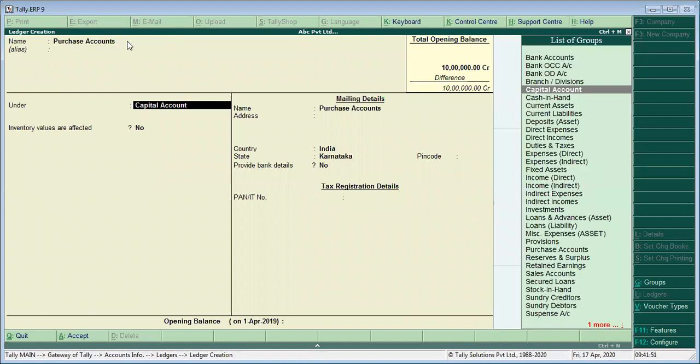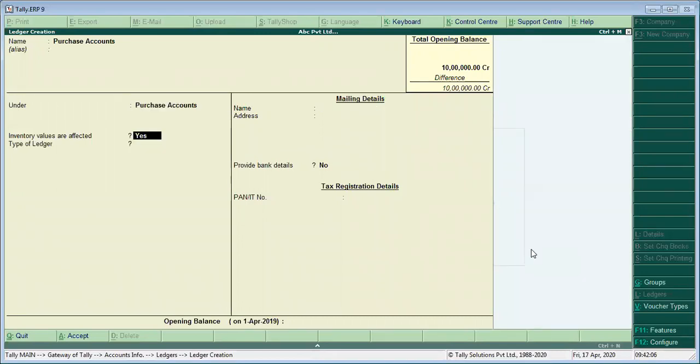Okay, purchase account falls under the groups. The name itself, there is a list of groups which is displayed here. Purchase accounts falls under the purchase accounts group only. So make it as purchase accounts. Clear? Automatically the purchase accounts is going to be affected and inventory values are affected.